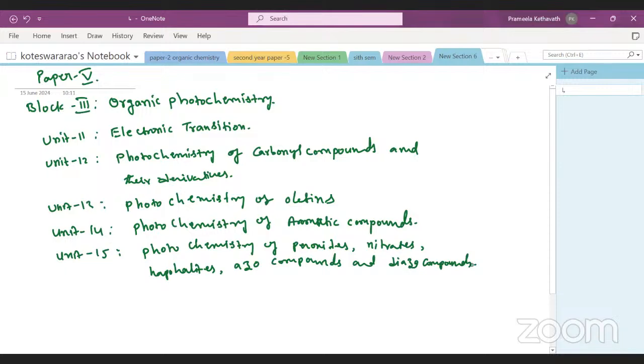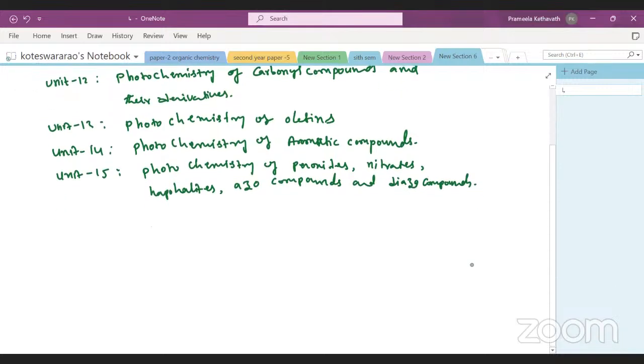Okay, these are the 5 lessons included in this block.